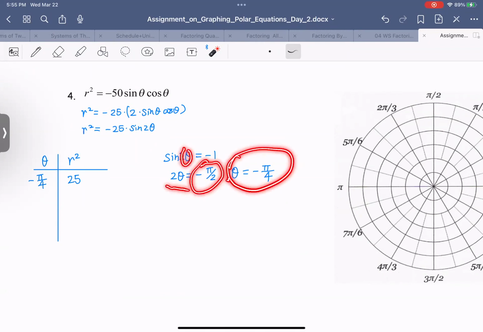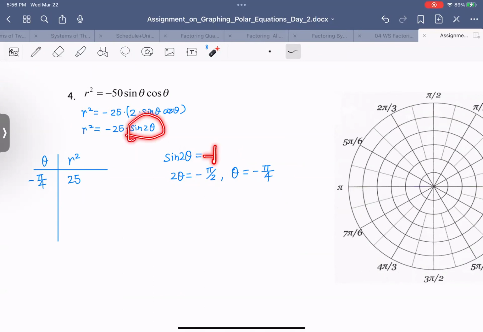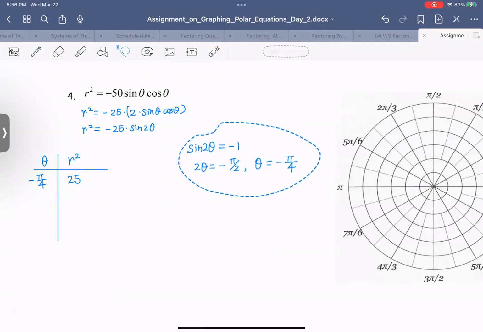Sine negative pi over 2 is negative 1. Negative 1 times negative 25 is positive 25. Right? It's kind of overwhelming, right? It's too much to process.